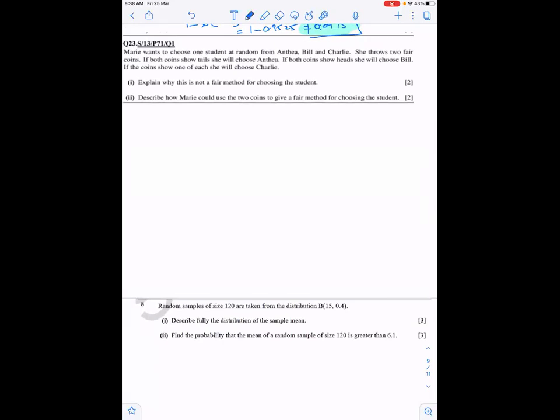Dekho, the probability of getting two heads is 1 upon 2 into 1 upon 2, which is 1 upon 4. The probability of getting two tails is also 1 upon 2 into 1 upon 2, which is 1 upon 4. But the probability of getting a head and a tail can be first head, then tail, or first tail, then head. So half into half here plus half into half here. So this is half actually. So the probabilities are not the same.